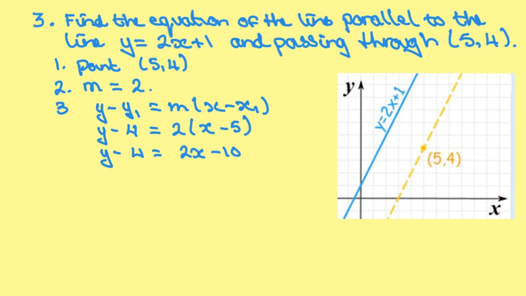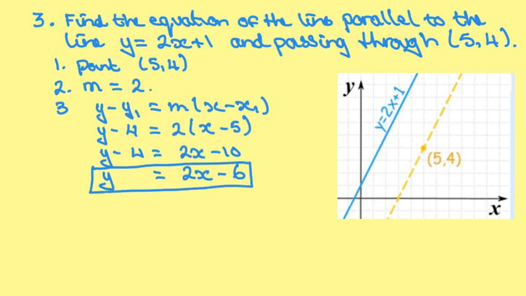Add 4 to both sides, so we get y equals 2x minus 6. So the equation of the line parallel to y equals 2x plus 1 passing through the point 5, 4 is the line y equals 2x minus 6.